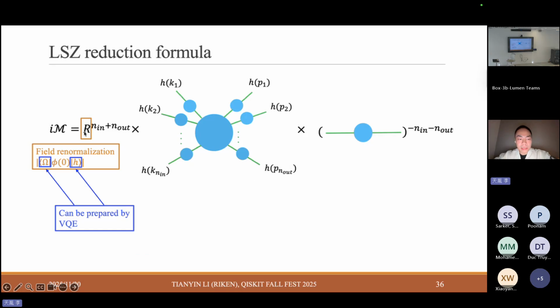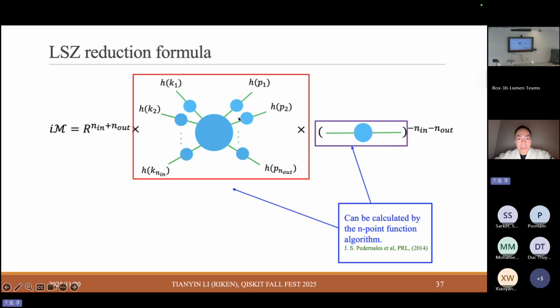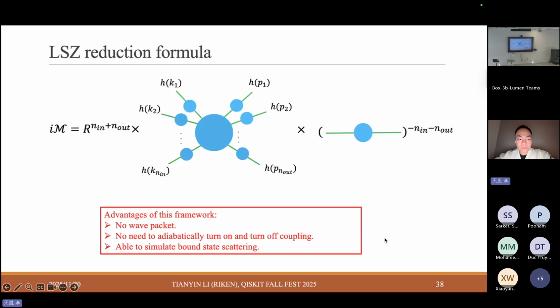For example, this R can be calculated by a quantum algorithm which is similar to the algorithms for calculating LCDA, and this endpoint function can be calculated by the endpoint function algorithm that was proposed in this PRL article.